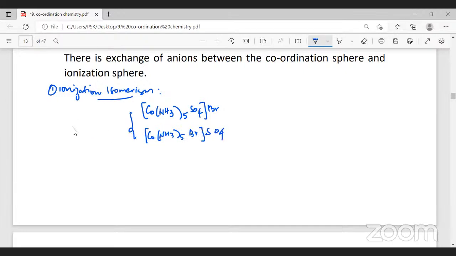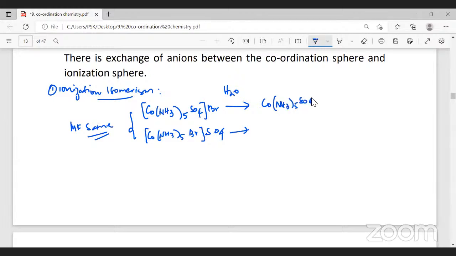For both these compounds, the molecular formula is same because both contain one cobalt atom, 5 ammonia molecules, 1 sulfate and 1 bromine. But what happens is when we dissolve this in water, they dissociate to give different ions.